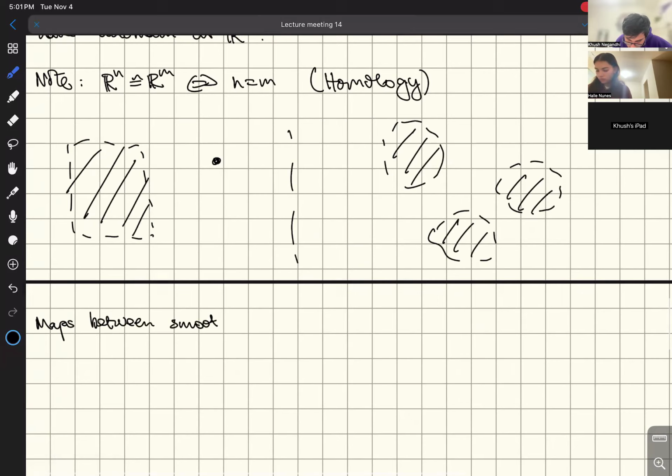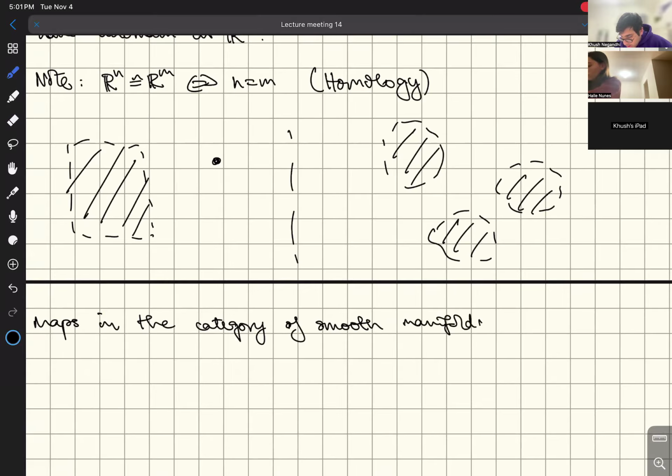Maps in the category of smooth manifolds should be smooth.